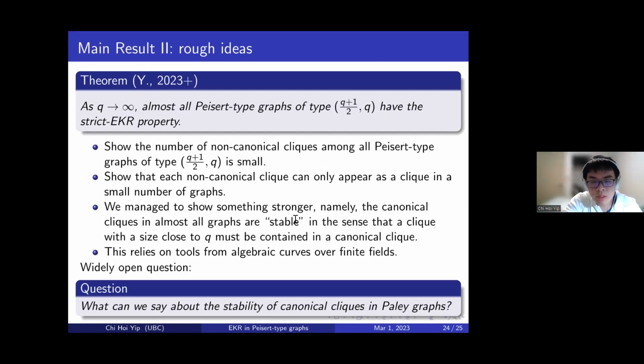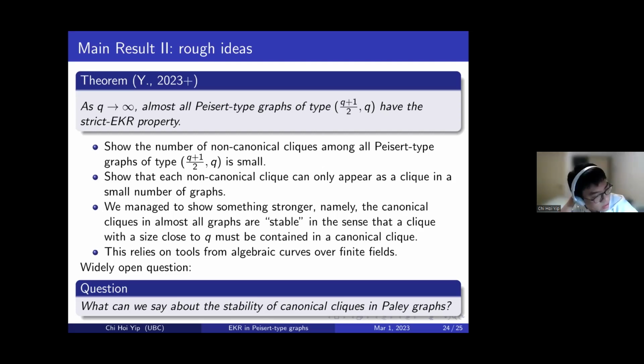To prove this result, we really need tools from algebraic geometry, in particular algebraic curves over a finite field. So this says that almost surely canonical cliques are stable in most Peisert type graphs in this family.